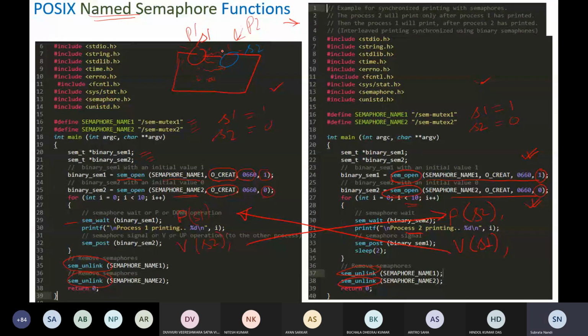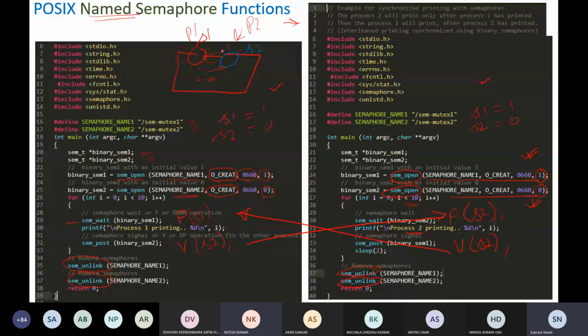So what will be the output of this? If the initial condition is s1 is 1 and s2 is 0. Process 1 printing, process 2 printing. But how many times? 10 times each. Can process 1 print consecutively 2 times?